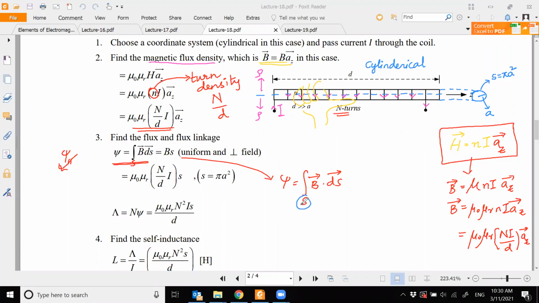Yes, Mr. Saif, can you tell me? Saif al-Zahrani, can you tell me what is the surface here? Saif, you are here or no?